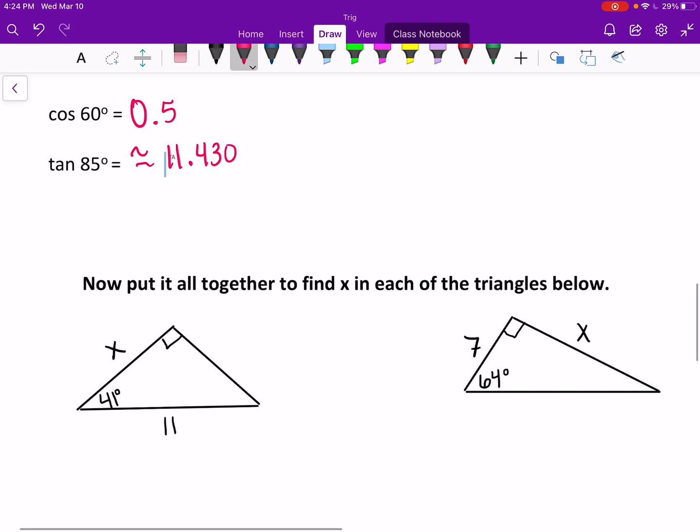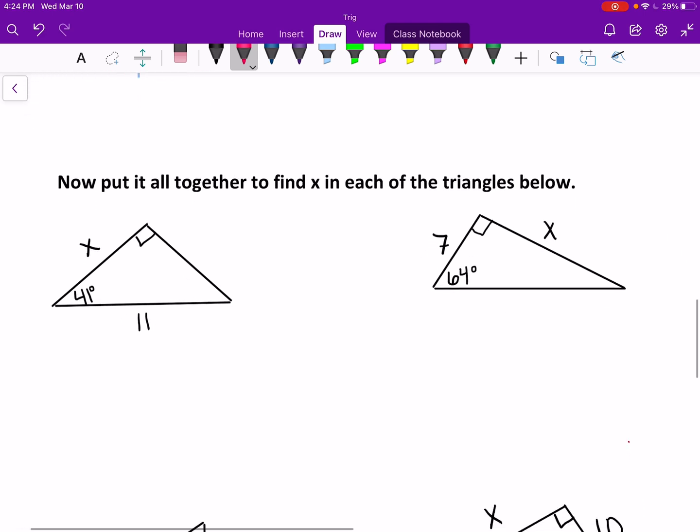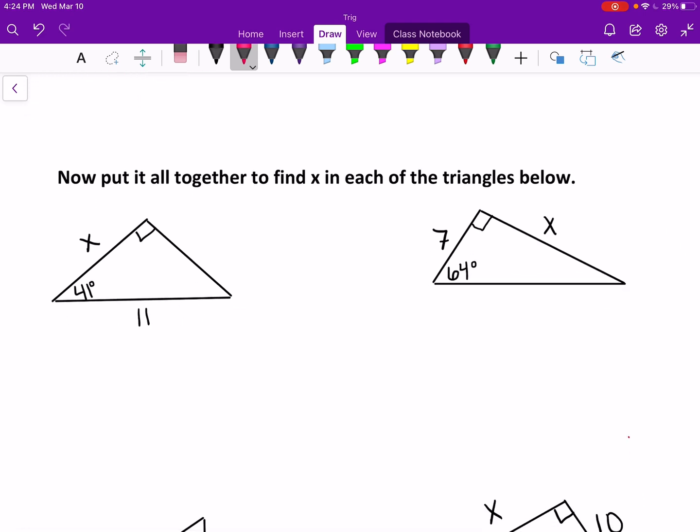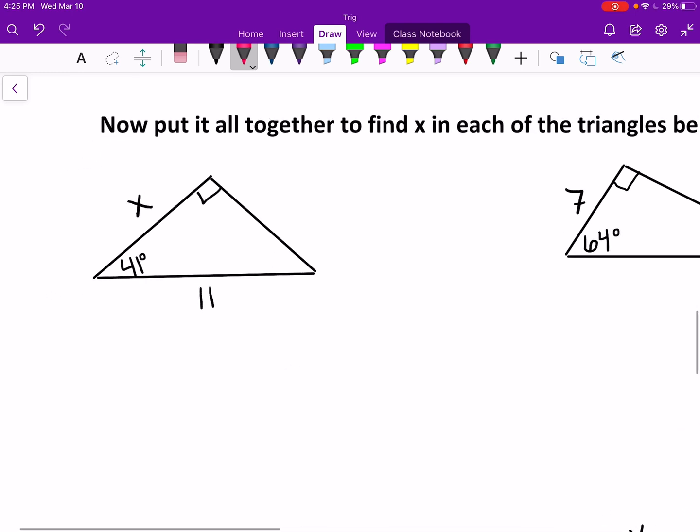We're going to put this all together. We're going to take the trig ratios that we learned and apply them to triangles to find a missing side length. So on this first example, we are given the angle of 41 degrees over there on the left.